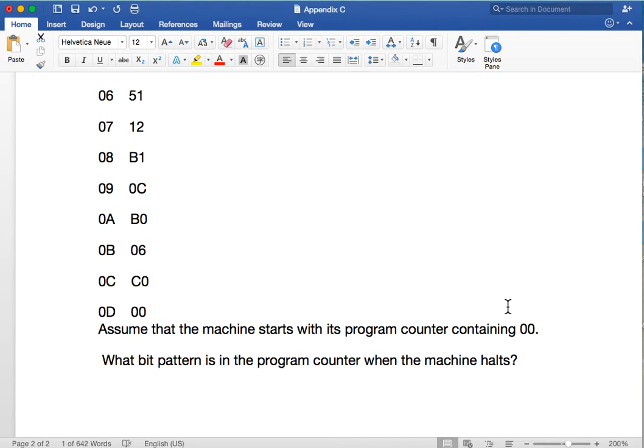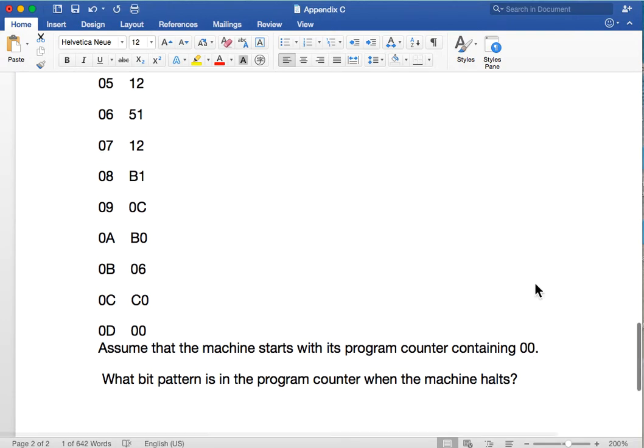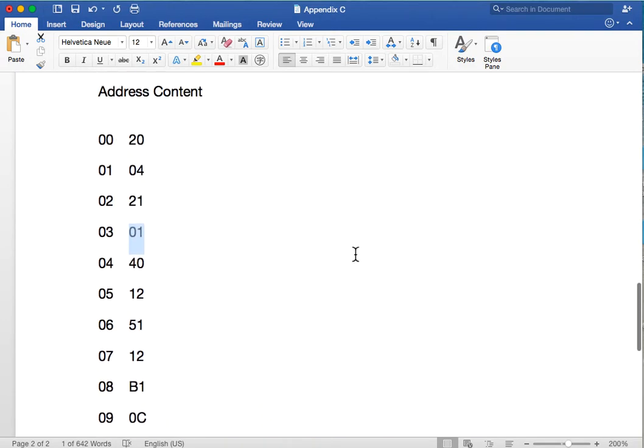So when the program starts, the first instruction to be executed has its address in the program counter. The program counter contains 00, which means the instruction stored at memory address 00 will be executed first. Now, pay attention, each instruction actually has 2 bytes.